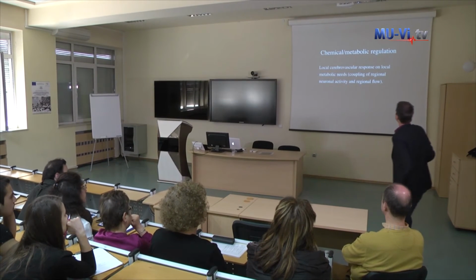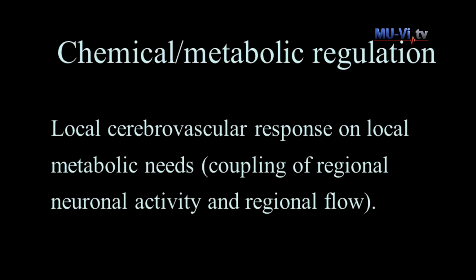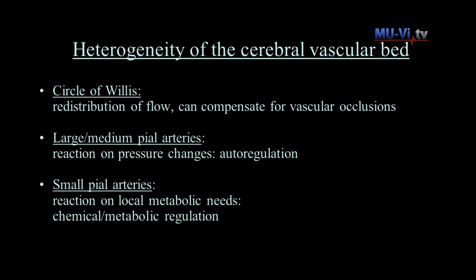And then you have the second part, the so-called chemical metabolic regulation. It means that there's a coupling of the neuronal activity and regional flow, caused by diffusion of metabolites, as I just explained. So that's how you can see it in the main lines, and it means that different parts of the cerebrovascular tree have different functions.